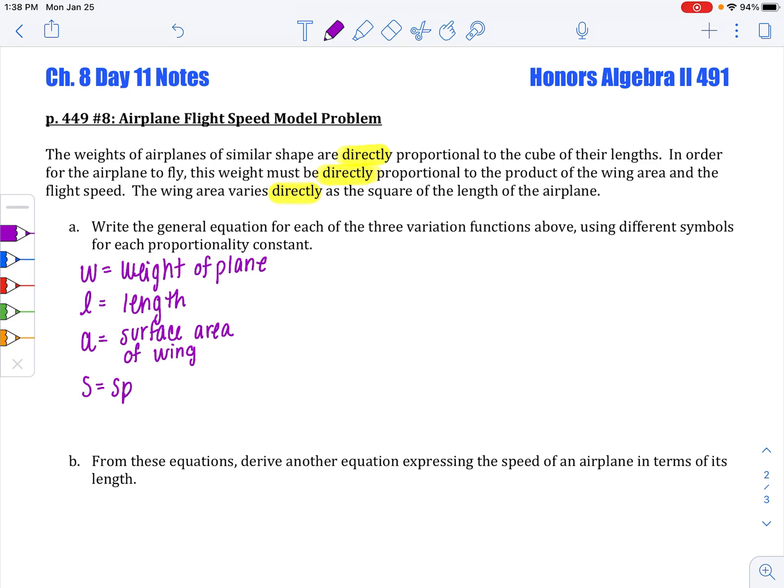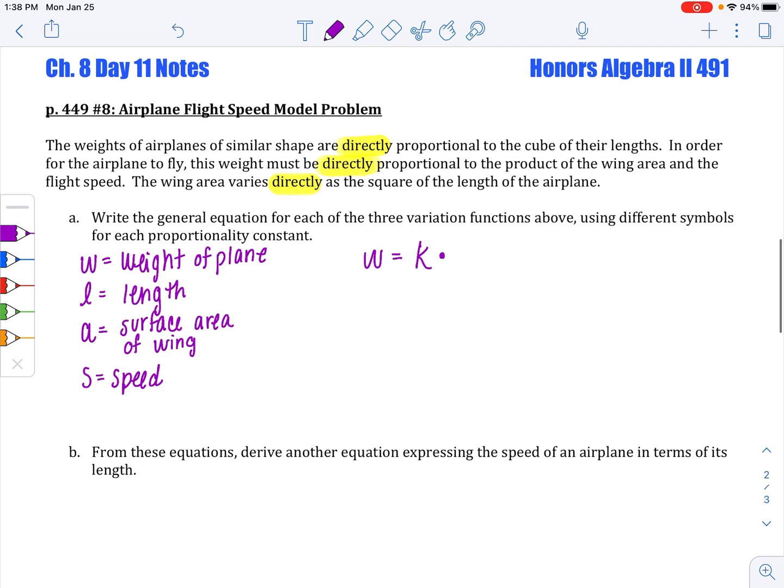And S can be our speed. Again, you pick your variables, it does not matter. Let's look at the first sentence. The weight of the airplane of similar shape are directly, so multiply, proportional to the cube of their length. So the weight of the plane directly proportional, so it's multiplied, by the cube of the length. So length cubed.